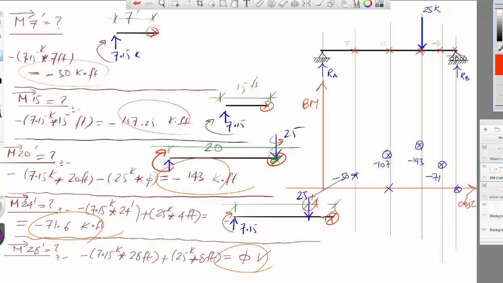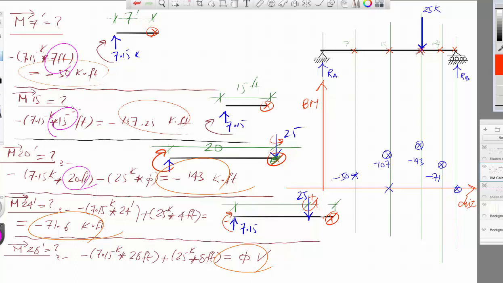You could connect the points with a straight line or a curve, we don't know, but we have proof from the equation of how this will look. Now if you look at all the equations here, we try to derive an equation. If you look at the distance of 7, the equation is 7.15 multiplied by 7. Now if you look at 15, 7.15 multiplied by 15. So the thing that is changing in this equation is these ones.